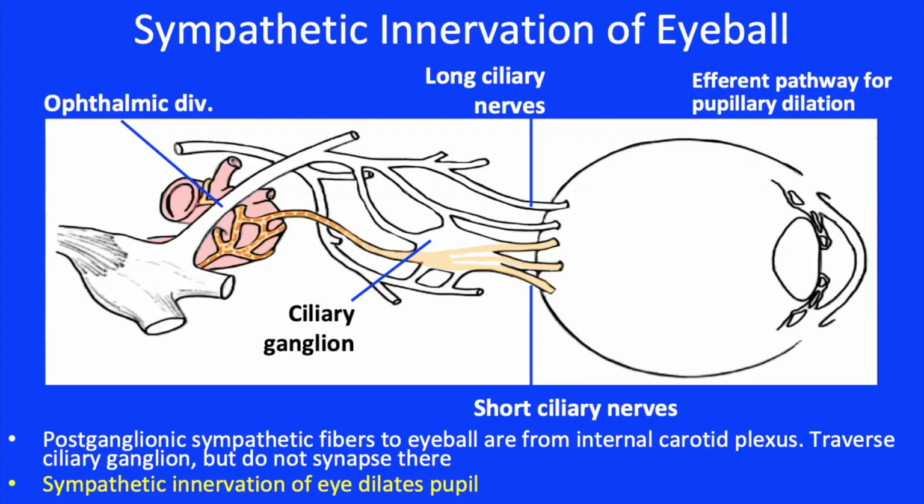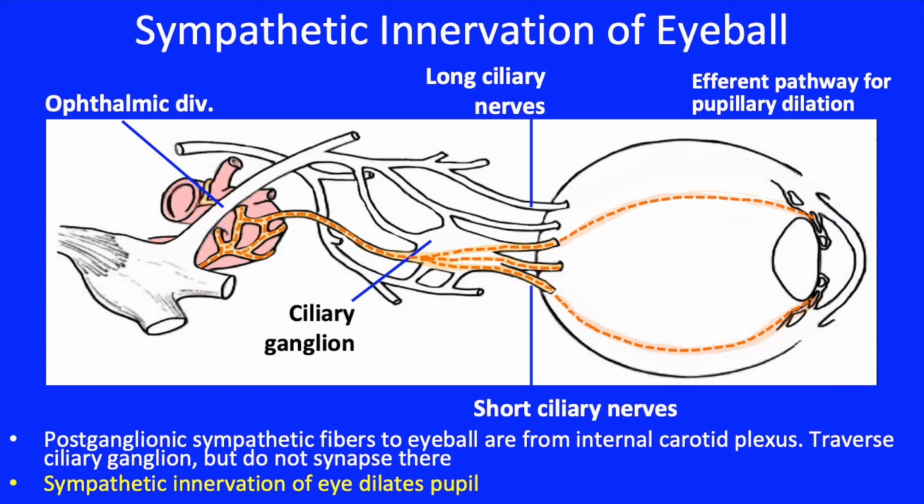Finally, postganglionic sympathetic fibers traveling with the internal carotid artery will jump to the ganglion or directly to the eyeball and provide sympathetic innervation of the eye. These are the nerves for fight or flight and will lead to pupillary dilation.